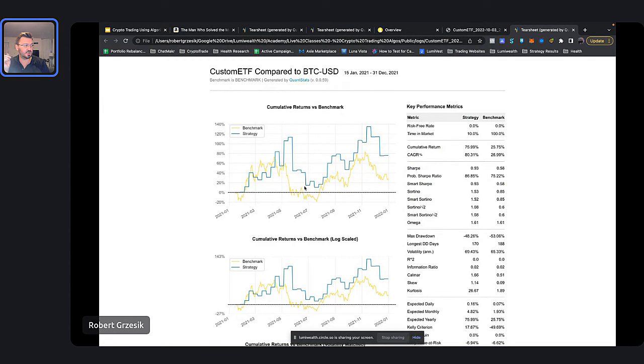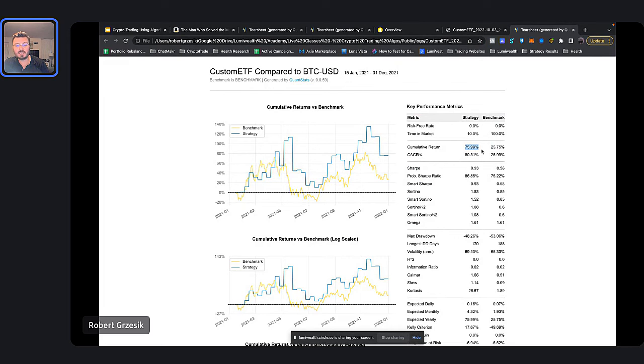So basically last year, if you had invested in this algorithm. The blue line is our strategy, and then we always have to have a benchmark, which in this case is Bitcoin. So Bitcoin did pretty well last year. It made 25%. Pretty good, right? Not bad. If you had invested in this algorithm instead, you would have made 76%.